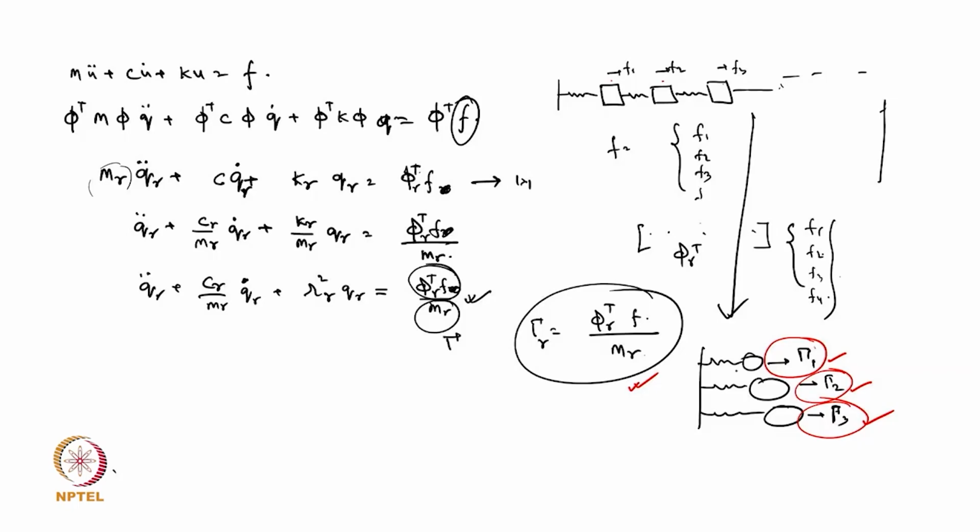This gamma 1 does not represent F1 directly, because this is another rotating frame of axis. So we have to identify how much force is coming onto that. This participation factor actually tells us the participation of those forces into that single degree freedom system.